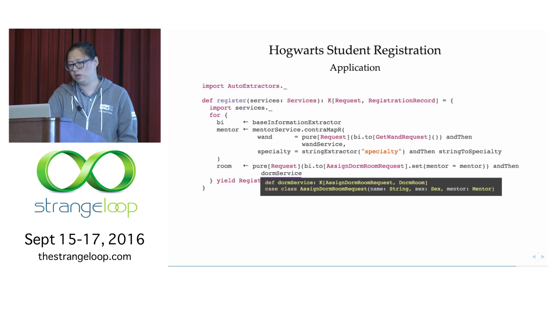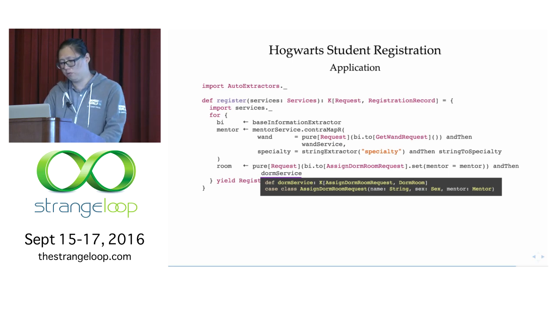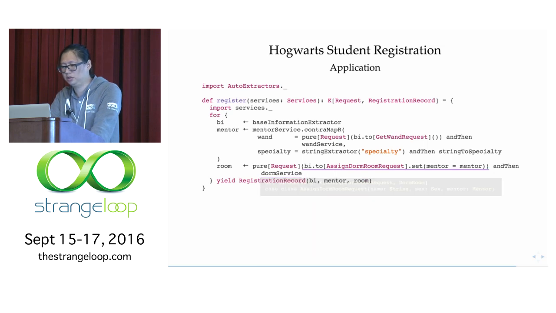Then the final one is the dorm service. What we need in a dorm service, we can see, is string, sex, and mentor. Again, we remember that name and sex are also available in the basic information, which is BI. But the mentor is not. So this is the case.